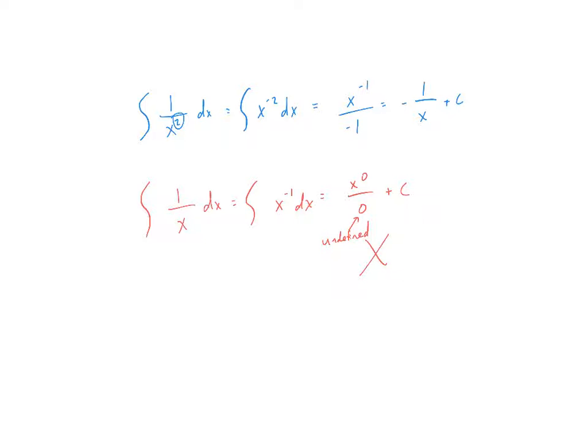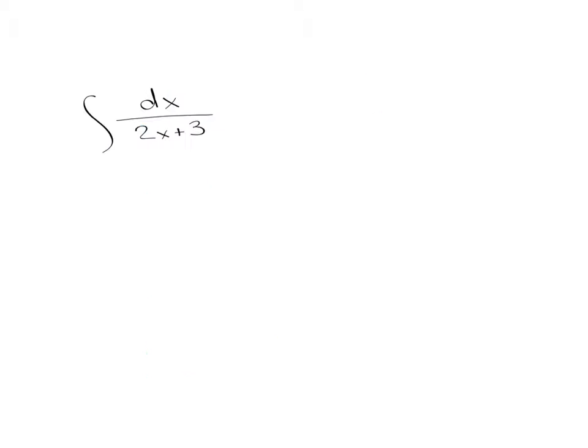Okay, and so for that reason, when we integrate 1 over x dx, this has to jump out at you and shout, hey, I'm the natural log of x plus c. You just gotta see it, and it's hard sometimes to see, but it's really, really important. X to the first power in the denominator, the integral of that is the natural log of x.